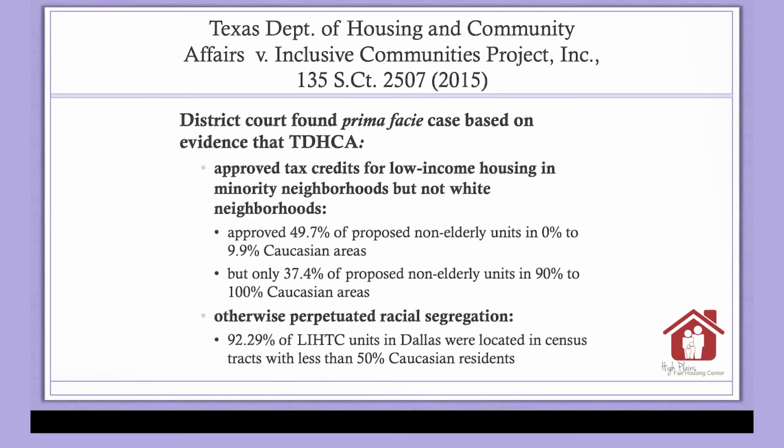Okay, so that established a prima facie case without any need to allege that any conduct was done with the intent to discriminate or with a discriminatory animus or with a motive based on race. It was that these neutral policies disproportionately impacted people based on race and neighborhoods by perpetuating racial segregation.